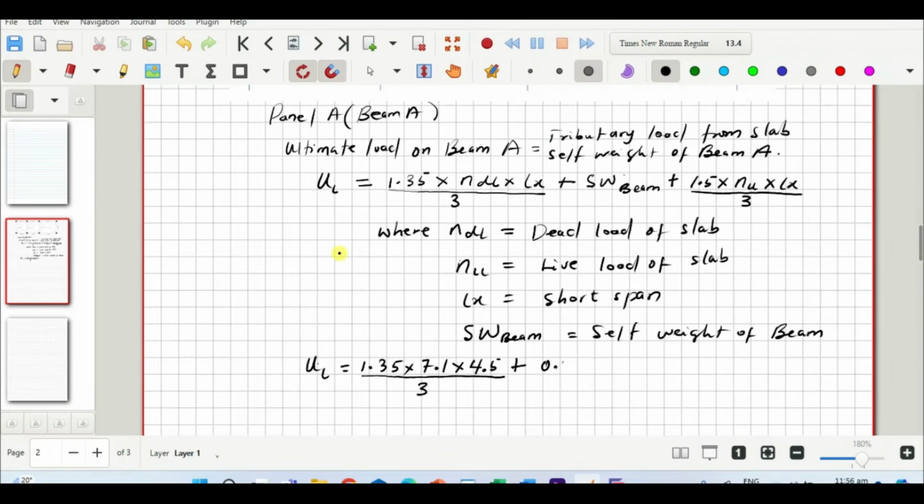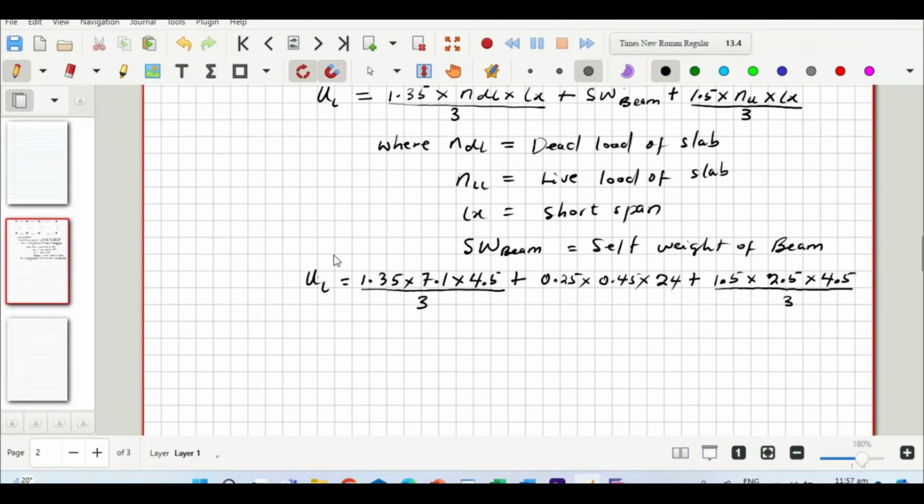So that is 0.25 multiplied by 0.45 times the density of concrete, which is 24, plus 1.5 multiplied by the life load multiplied by the short span, which is 4.5, all on 3. So if we work this out, the ultimate load on beam A will be equal to 22.7 kilonewton per meter.